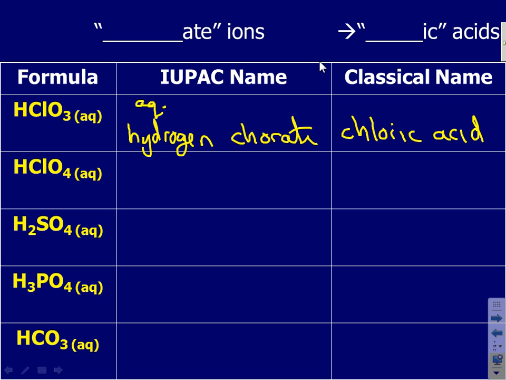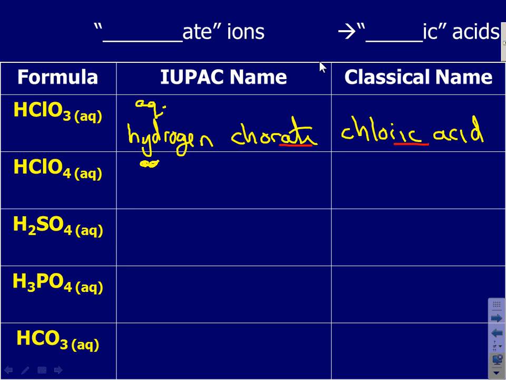Chloric acid is a bigger molecule than hydrochloric acid, which just has a Cl all by itself. But chloric acid is a smaller name than hydrochloric acid is. It seems backwards, but that's just the way the naming system works. So if the ion ends in ate, and here's the example here, if the ion ends in ate, put an ic ending on the end.